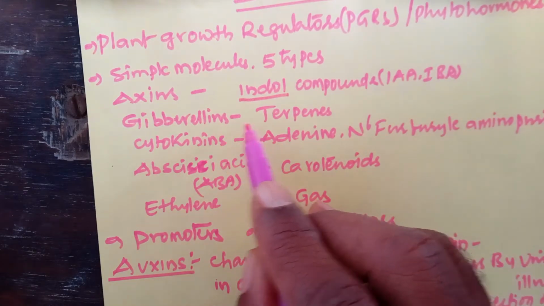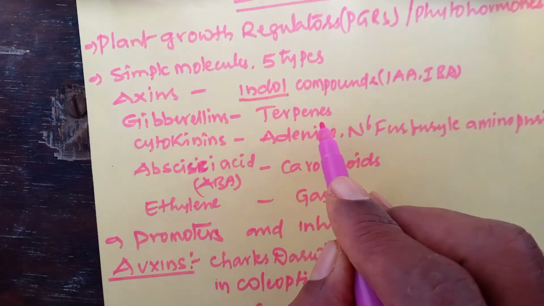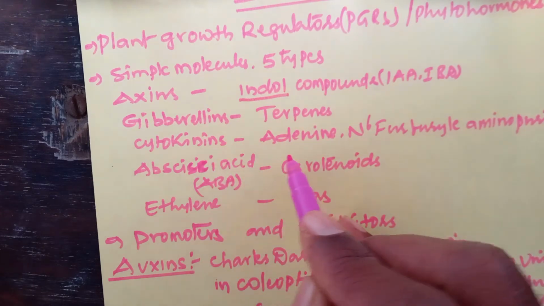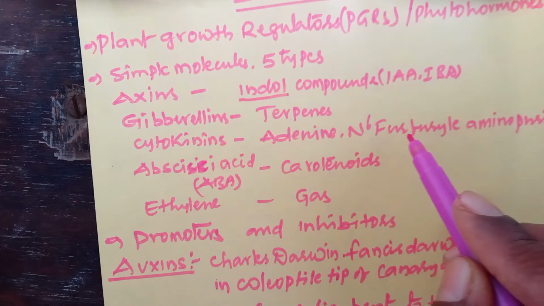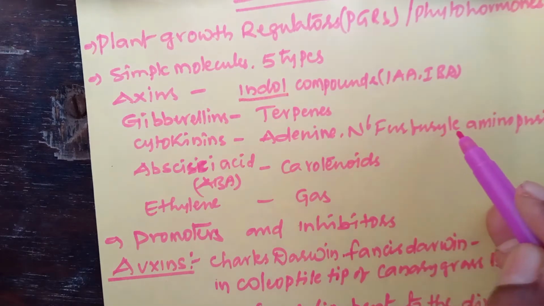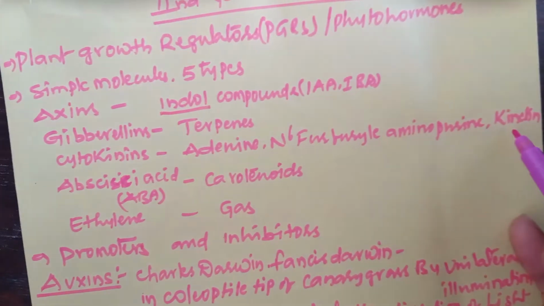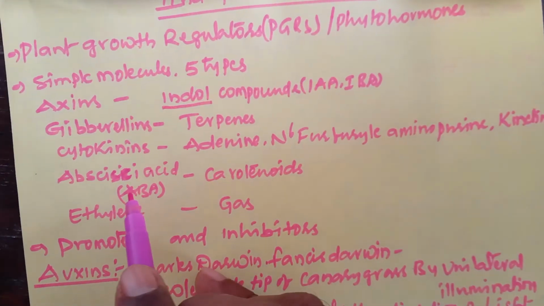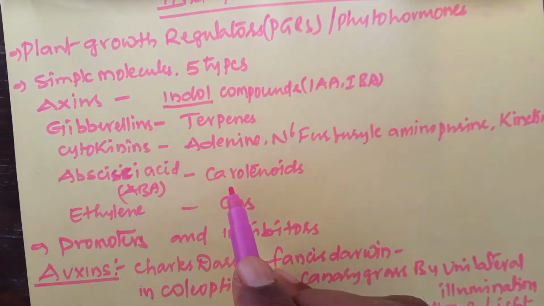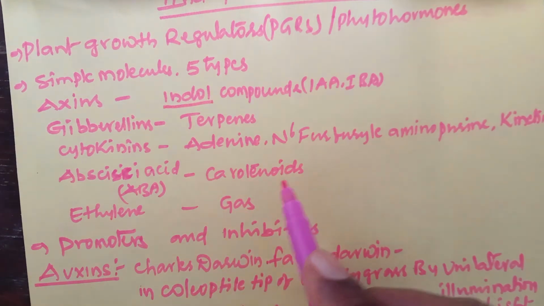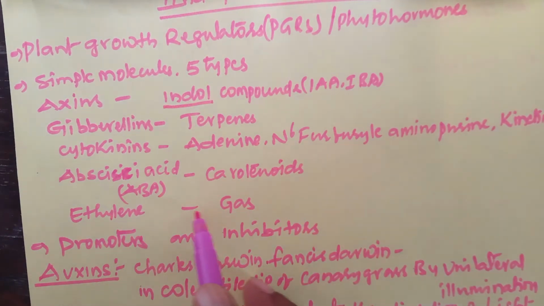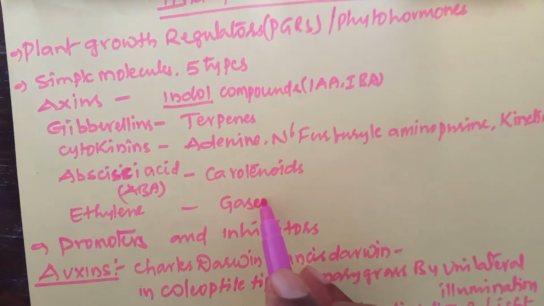The chemical composition of gibberellin is terpenes. Cytokinins: adenine, N6-4-furyl, amino, purine, and kinetin. Abscisic acid's derivative is carotenoid. Ethylene is in gaseous form in the plant body.